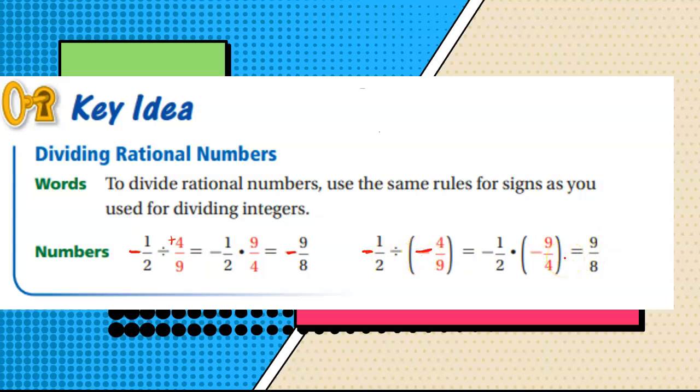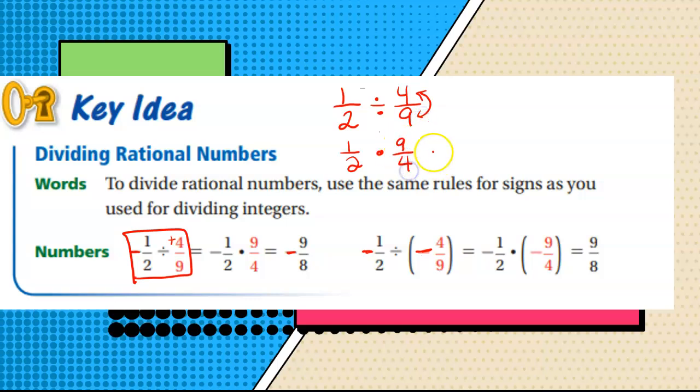But I'm going to take a moment just to go over the rules for dividing rational numbers in general, regardless of the sign, because you may or may not remember. If I have 1/2 and I am dividing that by 4/9, I am going to rewrite that as 1/2 times the inverse of 4/9, which is 9/4.